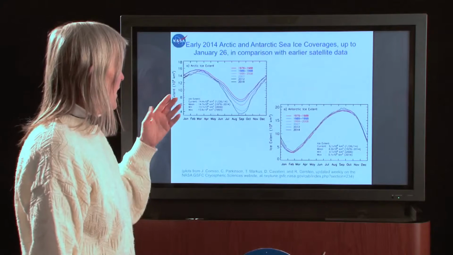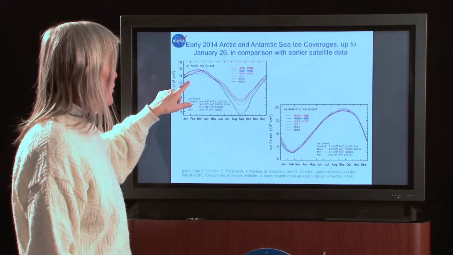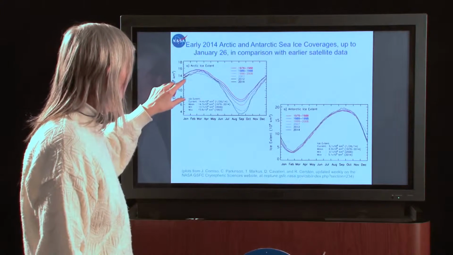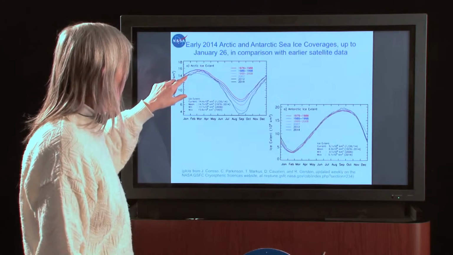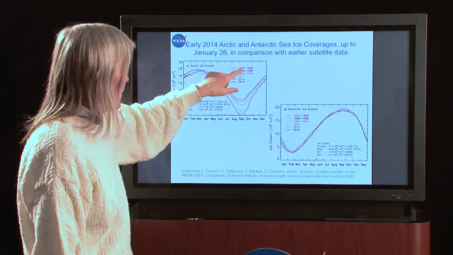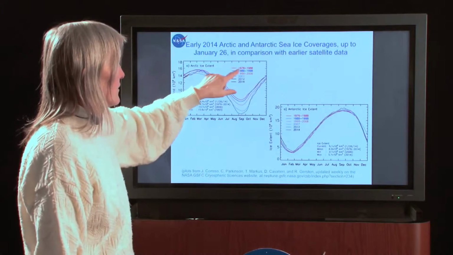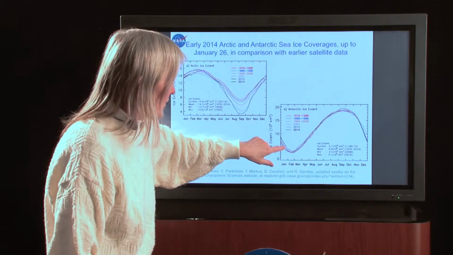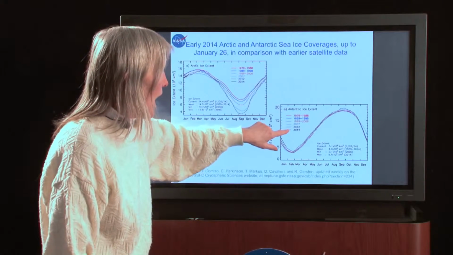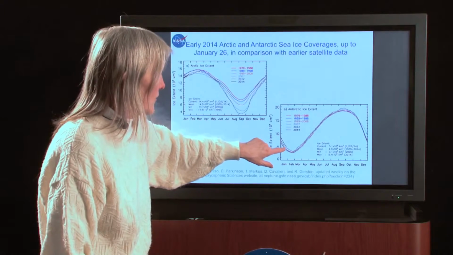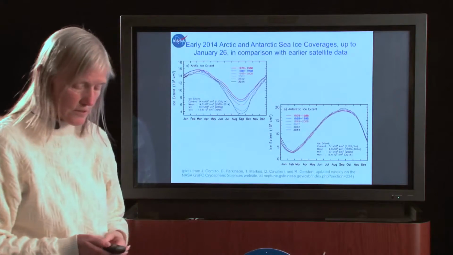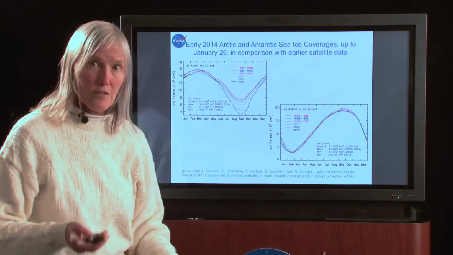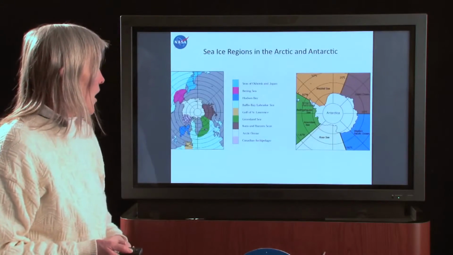And you could see that up until January 26th of 2014, the Arctic ice extent was kind of low compared to previous decades, whereas in the Antarctic it's high. In fact, it's above the averages for these previous decades. So you can get updated results by going to that website.